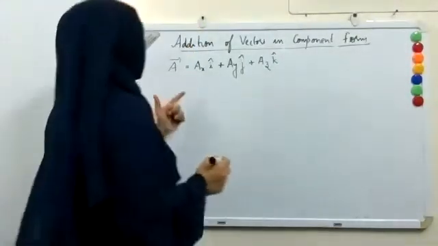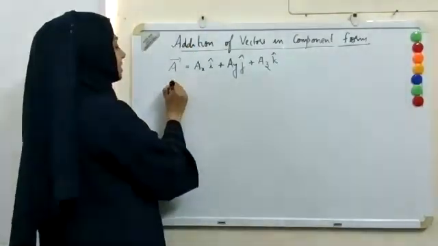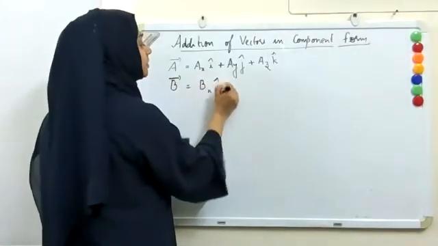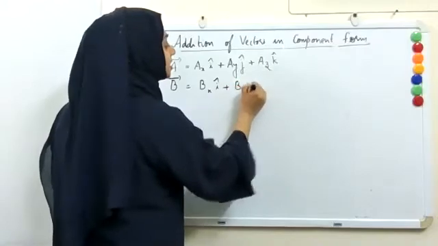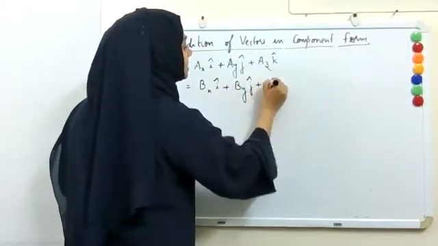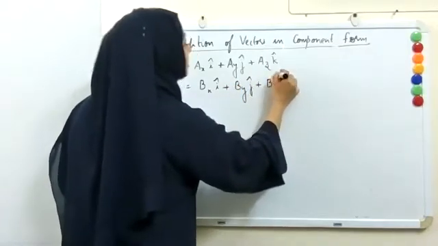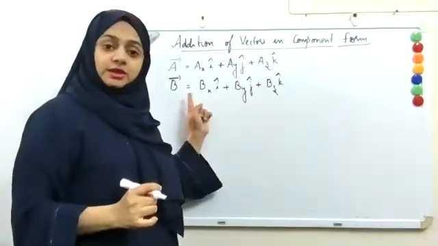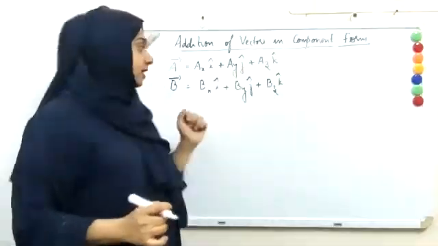Now, suppose I have another vector b, which is equal to bx i plus by j plus bz k, where bx, by, bz are the components of vector b along the x, y, and z direction.